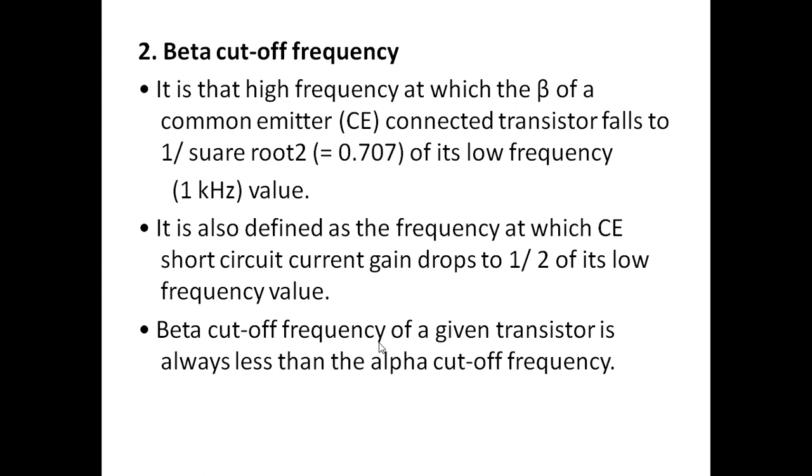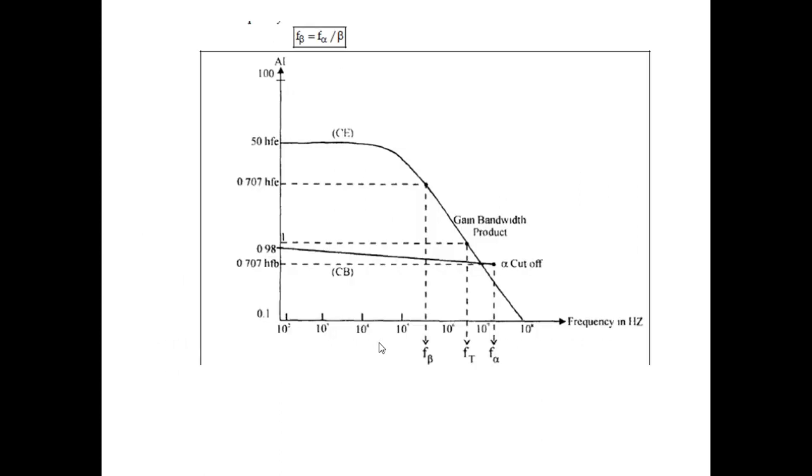The beta cutoff frequency of a given transistor is always less than the alpha cutoff frequency. This is the alpha cutoff frequency, this is the beta cutoff frequency.